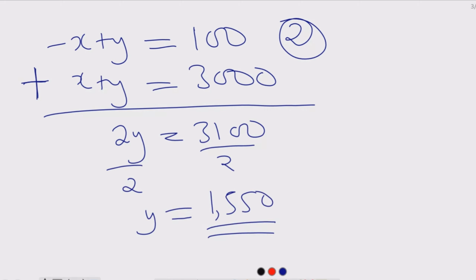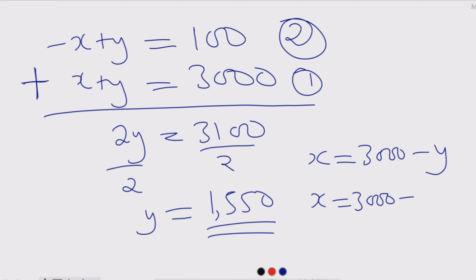So the female literate is 1,550. How do we find the male literate? It's the total literate, 3,000, minus the female literate, from equation 1. So X is equal to 3,000 minus 1,550, which gives us 1,450.